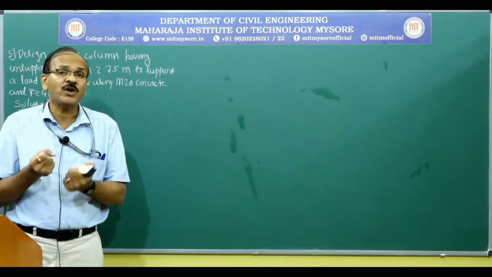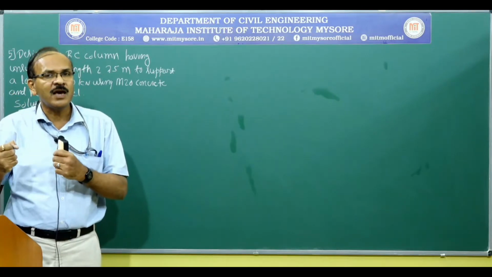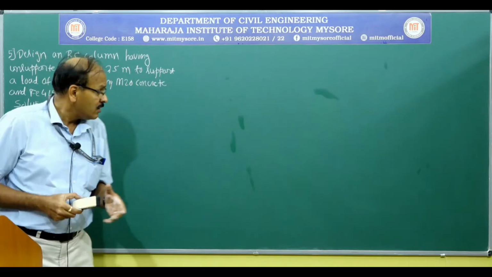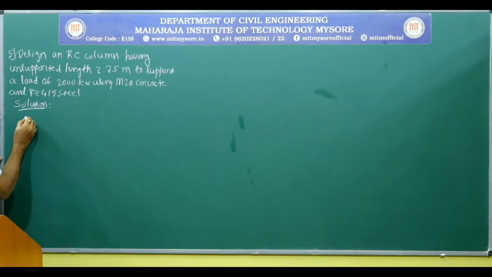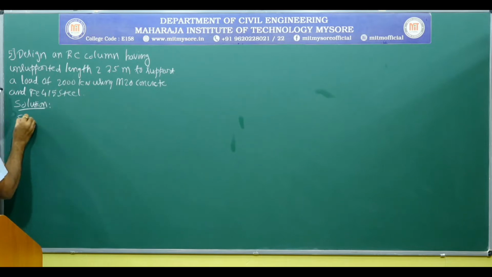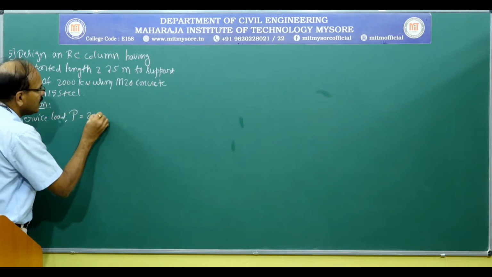So in such a case, what we can do is assume the end conditions as suitable for us. Okay, so let us take this. Given unsupported length is 2.75 meter, and the load given, that is service load P equal to 2000 kilonewton.